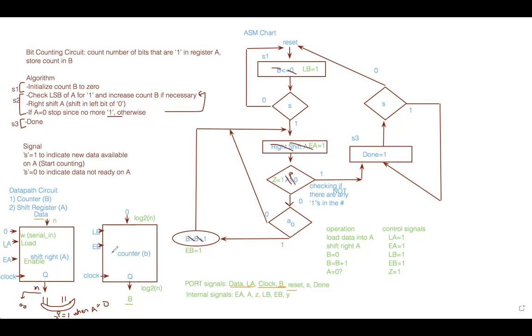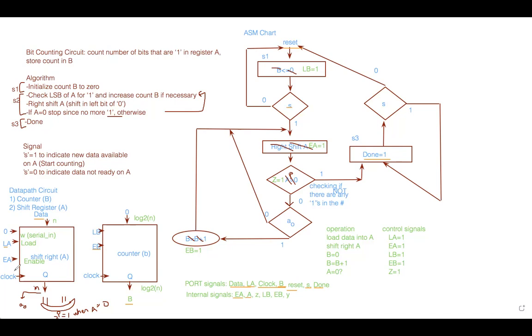Reset, the user pushes the button if they want to reset it. And then S is saying if the data is ready or not. And then done, the user needs to see when it's done counting. EA here is for enabling the counter. The user doesn't care about the counter as much.